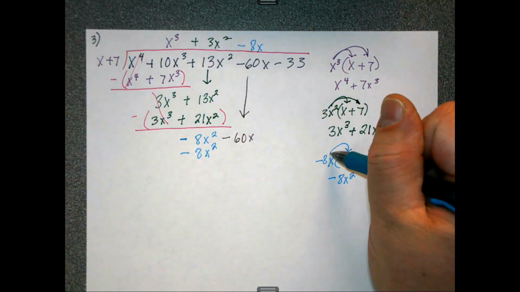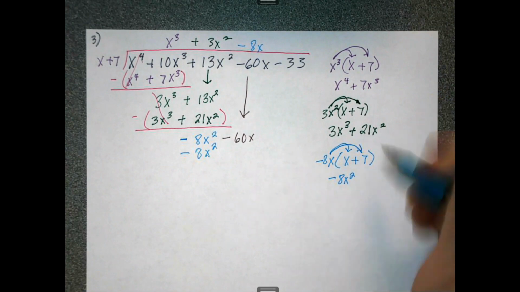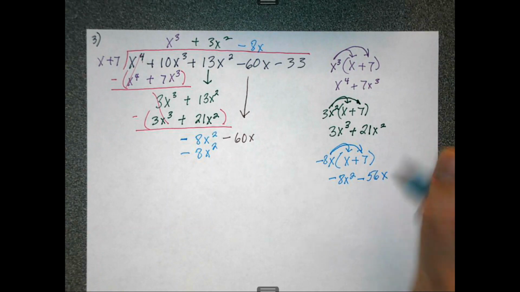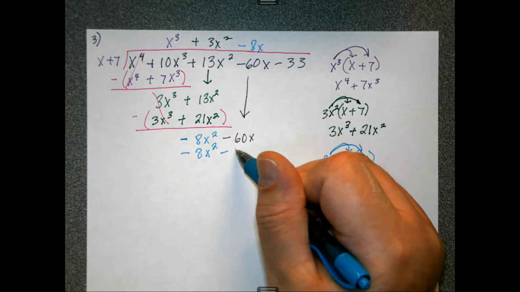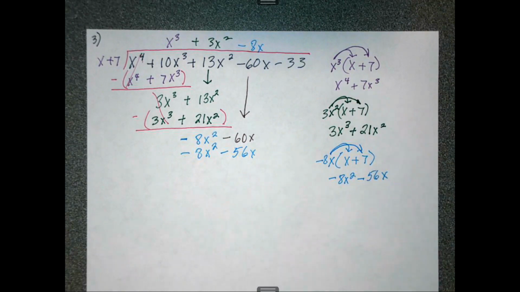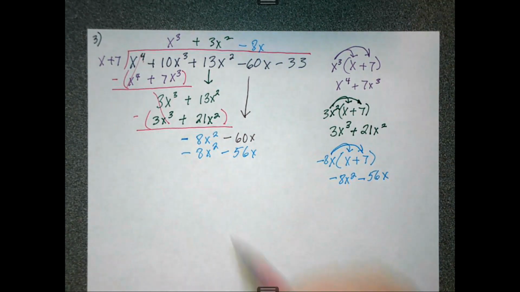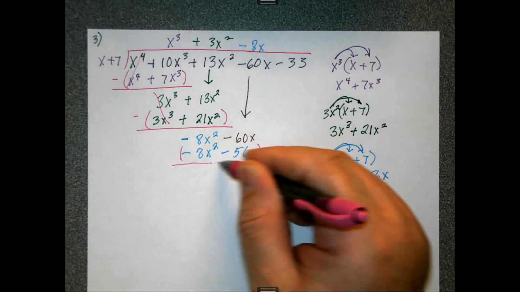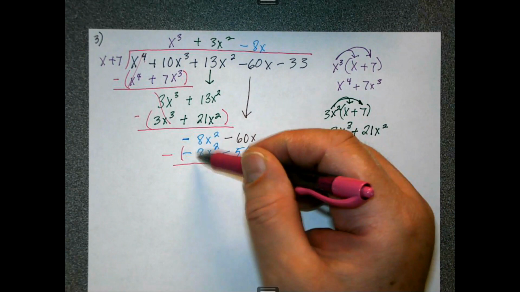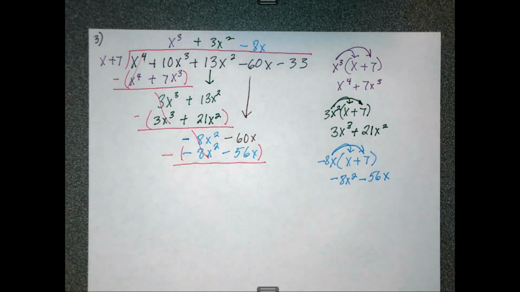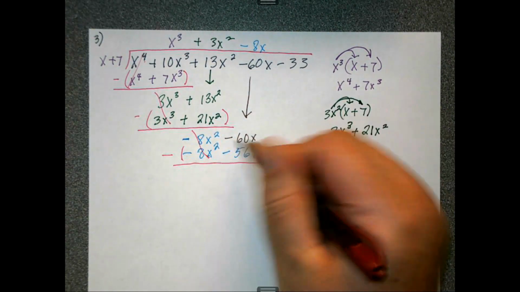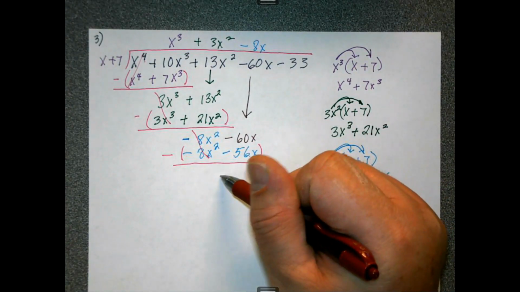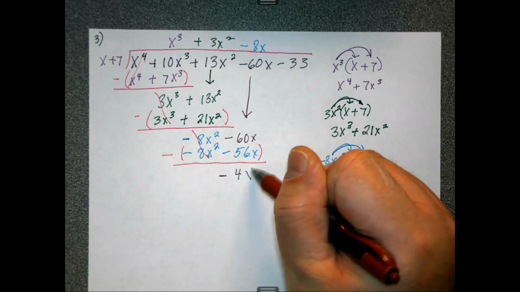Okay, negative 8x times 7, negative 56x. Gonna subtract that quantity. These eliminate. Negative 60x plus 56x, negative 4x.